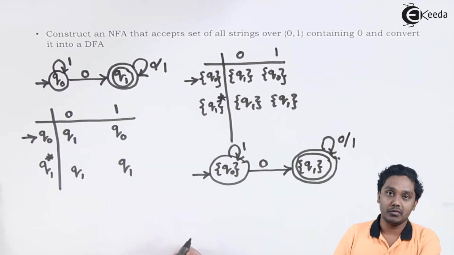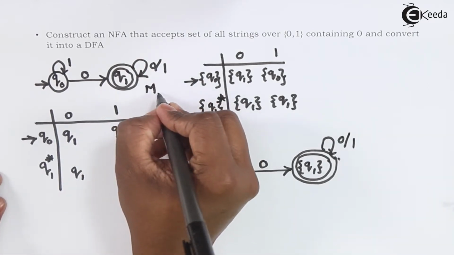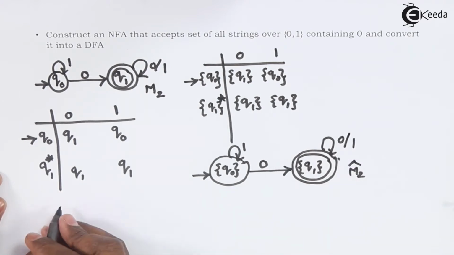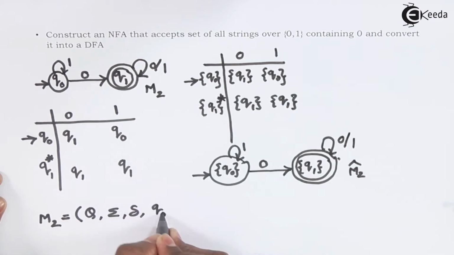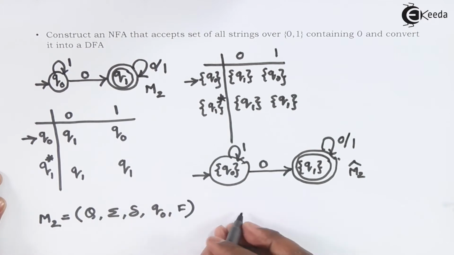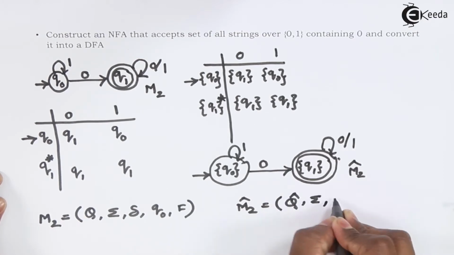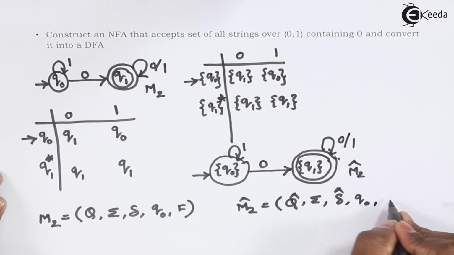Let us see the mathematical definition of both the machines. Let's name the NFA M2 and let's name the DFA M2 cap. We know that M2 is given by Q, sigma, delta, Q0 and F. Similarly, M2 cap is given as Q cap, sigma, delta cap, Q0 and F cap.